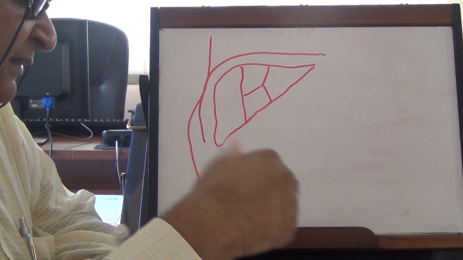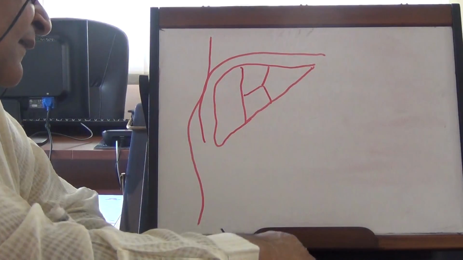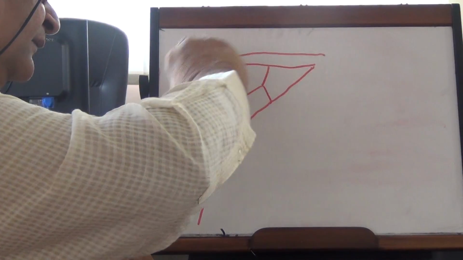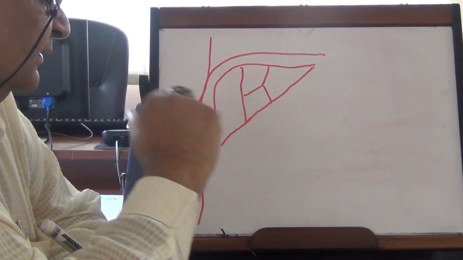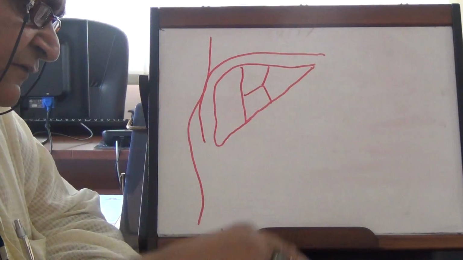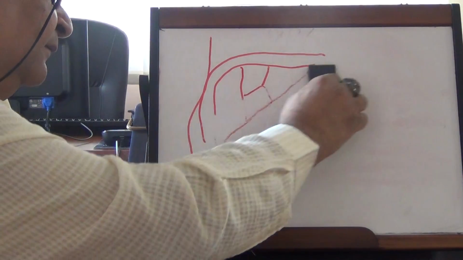So if you look at the liver, it has got a diaphragmatic surface, anterior and posterior, and it has got an inferior surface.